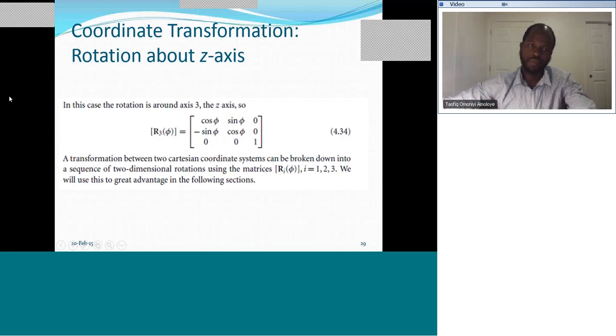We will be using this for the transformation of state vectors from the equatorial plane to the perifocal frame, or vice versa.